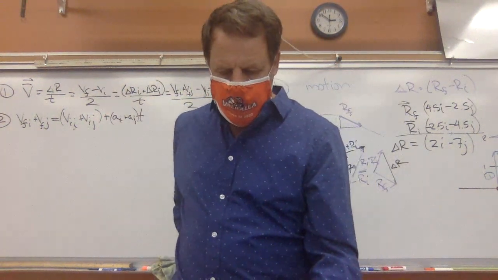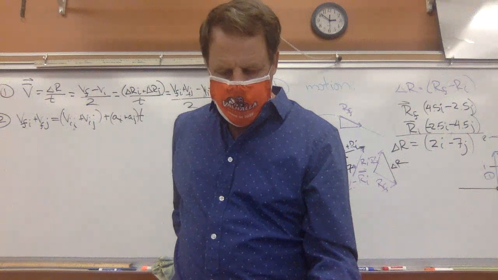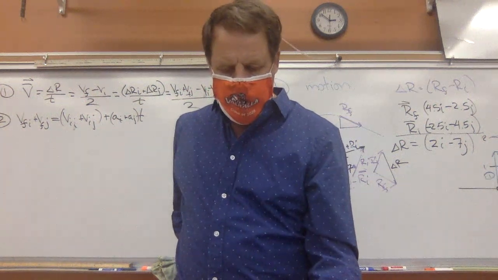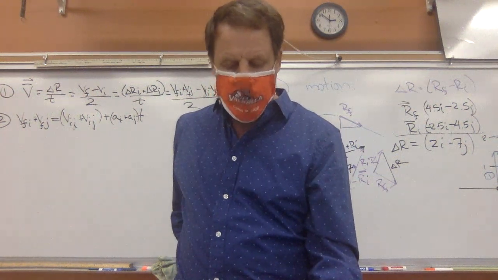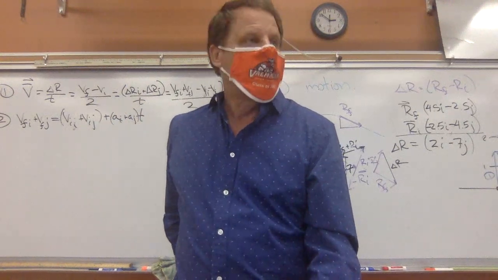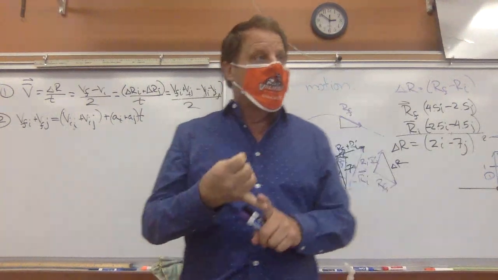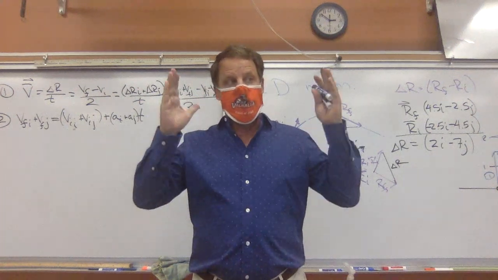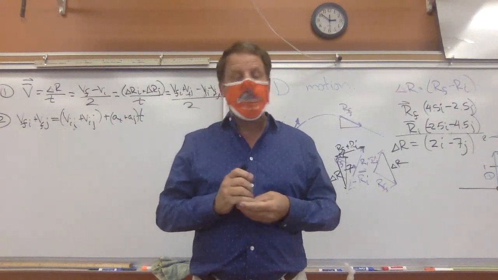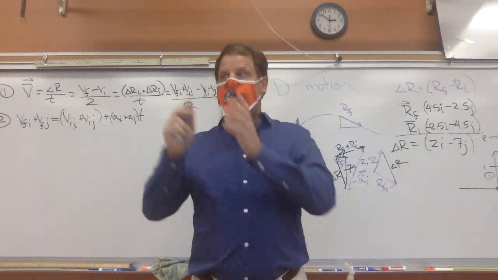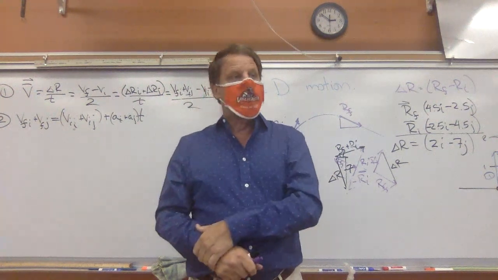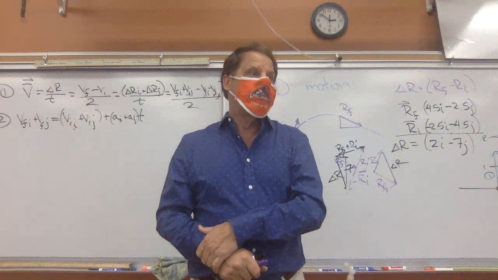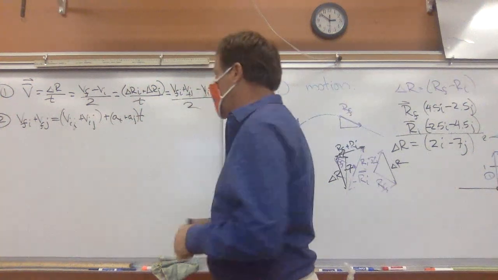It says a fish swimming on a horizontal plane has a V initial that's equal to 4I plus 1J meters per second. Since the unit is telling you meters per second, you know that's its velocity component, okay?